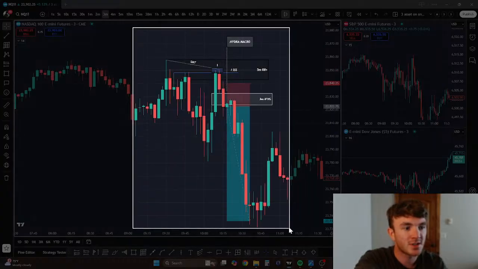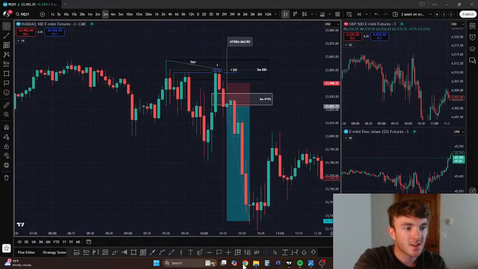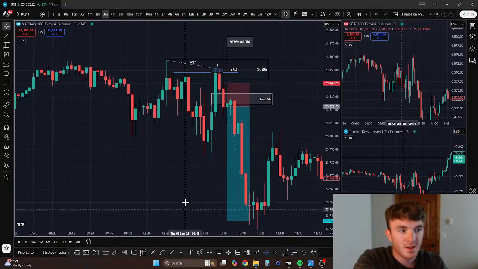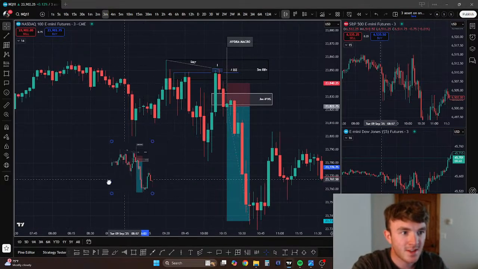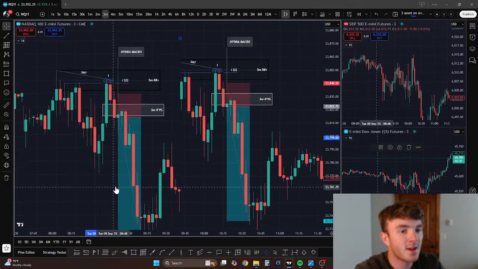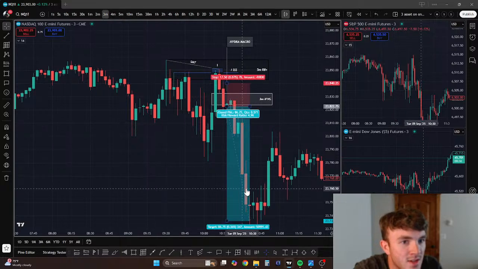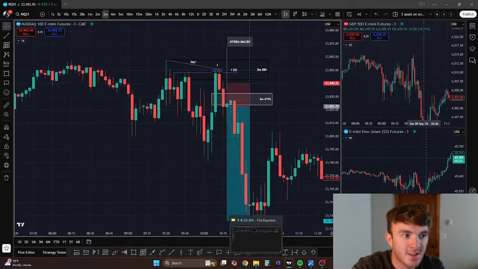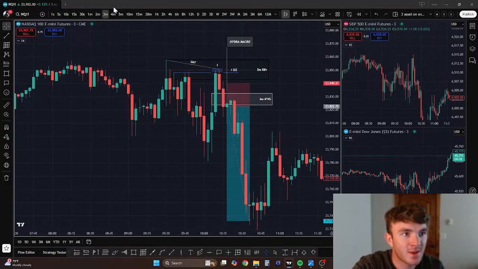I'm pretty sure I can screenshot it, and then I can go to Discord and place it in. Yeah, see, I can place the screenshot in TradingView here. It's copied to my clipboard, but the issue is that I can't save it to my files. I don't know how to save it to my files now. That's why I've been doing it the way I've been doing it.